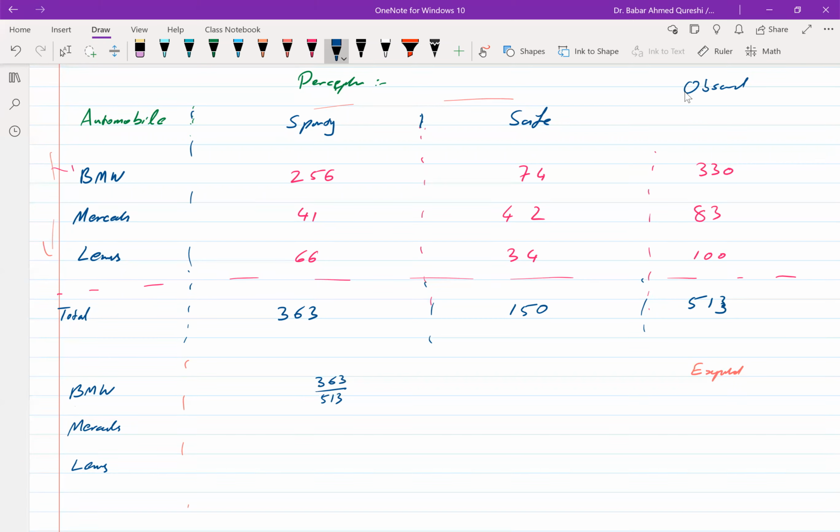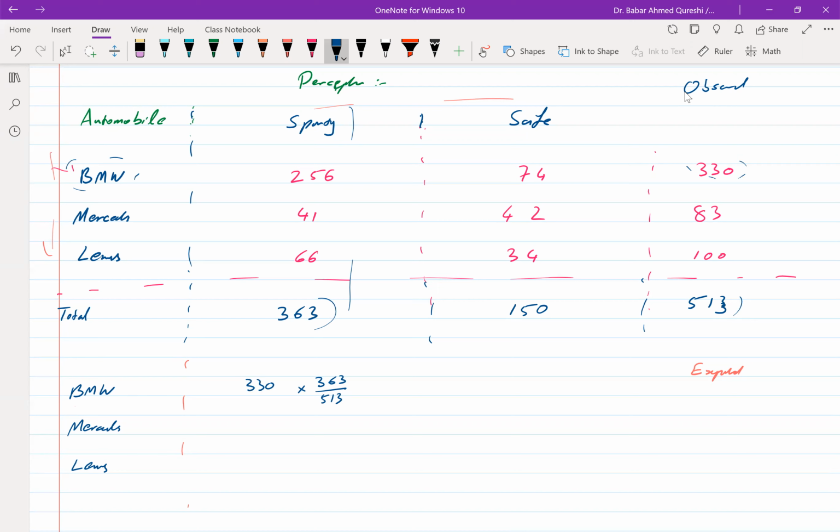Given the total number is 513, 363, over here you can see 363 says sporty out of 513. And if this probability of saying sporty was equal along all brands, then how many BMWs I have in my data? 330.